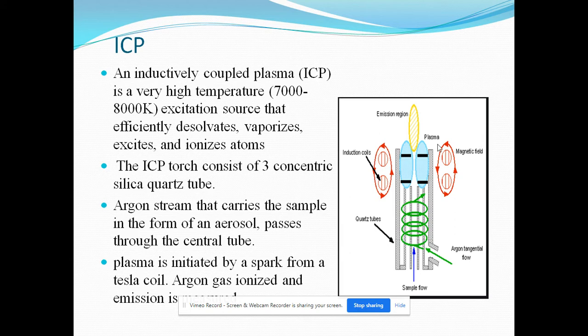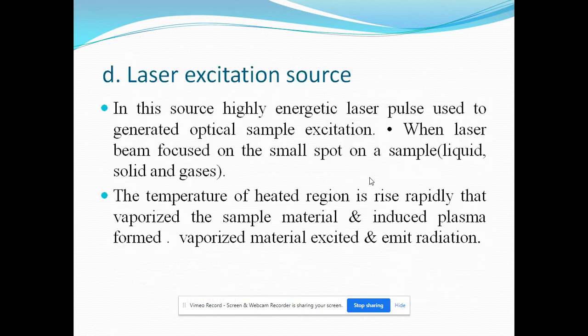The sample aerosol is introduced into the central tube, with a tangential flow of argon supporting the plasma in the walls of the central tube. The top of the tube is surrounded by an induction coil which is powered by radio frequency.